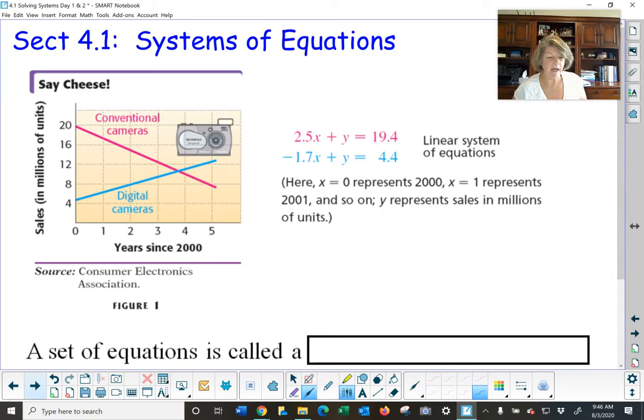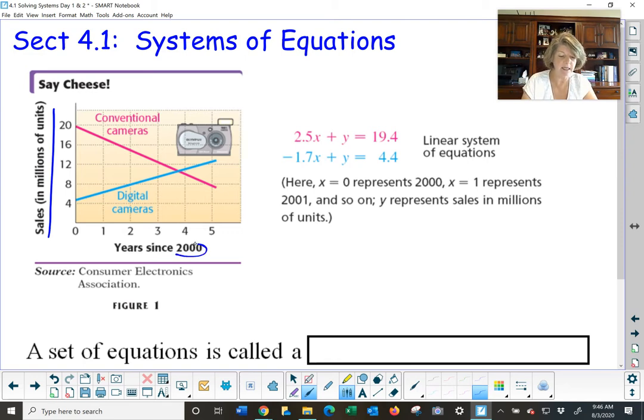What's the idea behind a system of equations? Well, this example that you're looking at is all about camera sales. There used to be conventional cameras with film, and then digital cameras came into the market. Our graph looks like it's sales in millions of units in the years since 2000.